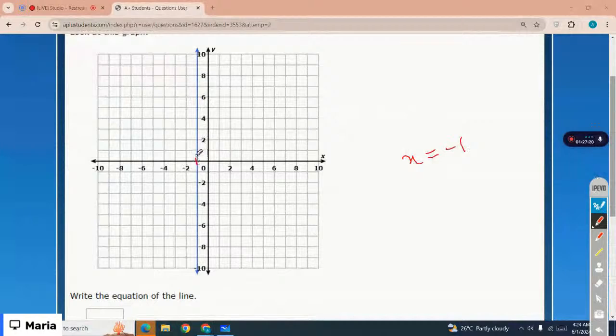Because here you can see the graph is passing through the x-axis at x equals -1. So the graph of this equation is x equals -1. Got it? And the vertical graph is the line that is parallel to the y-axis.